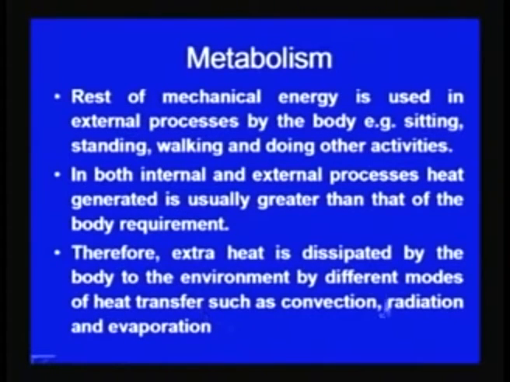So, the heat loss by the different modes of heat transfer helps the body to maintain its temperature constant when work is carried out. Since different amounts of energy are required in carrying out different types of jobs, while the job is done, the amount of heat generated also varies with the nature of the work to be done.